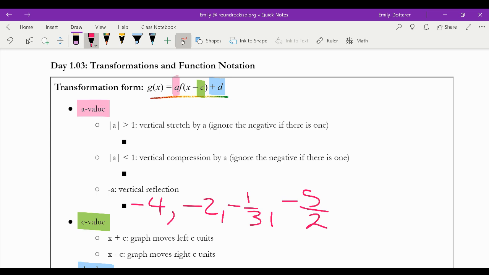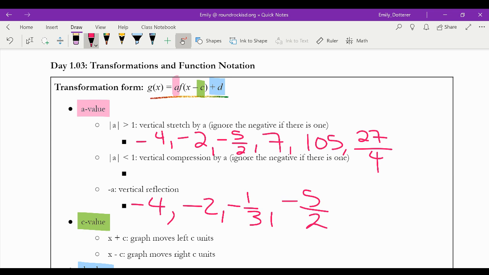If the a value is greater than 1, so ignoring the negative, so even these, if the a value is greater than 1, it's a vertical stretch. That means the graph is going to look skinnier than it did before because it's increasing more quickly.